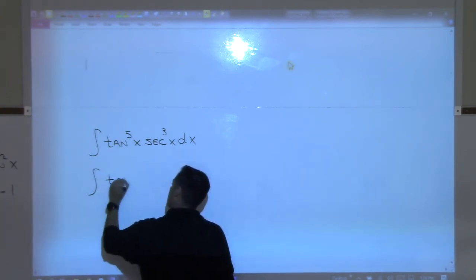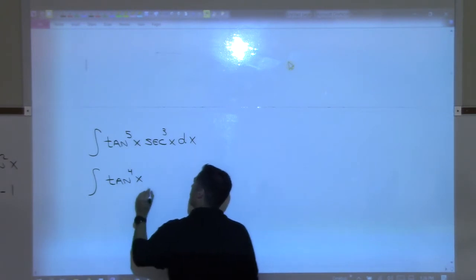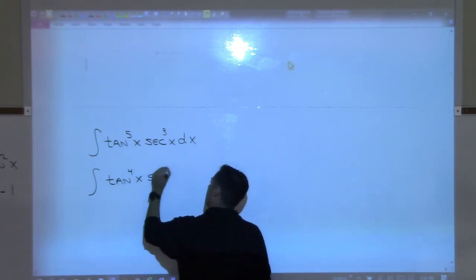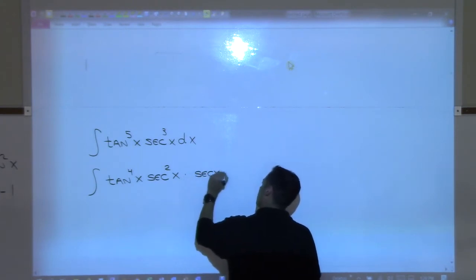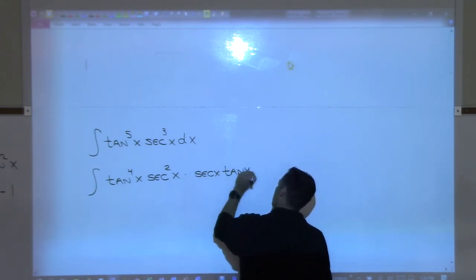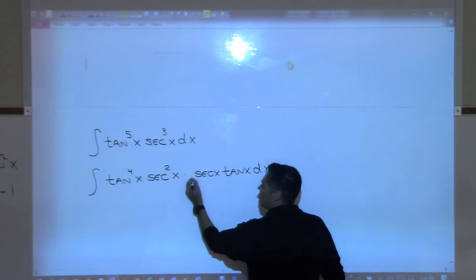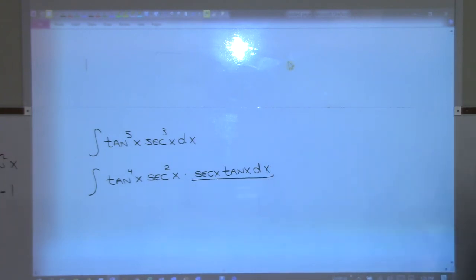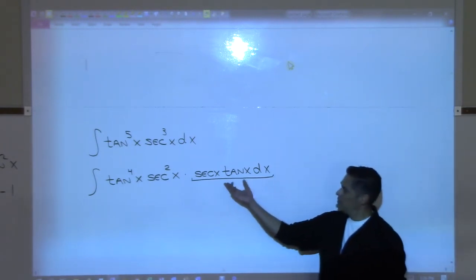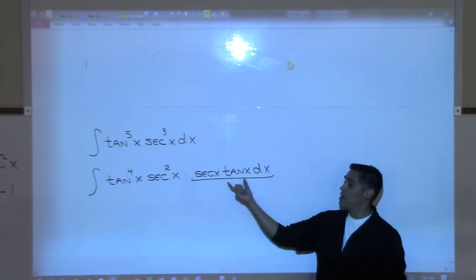So we're going to be left with tangent to the fourth x secant squared x times secant x tangent x dx. And the whole reason we've done that is because now that secant x tangent x dx is the derivative of secant, right?